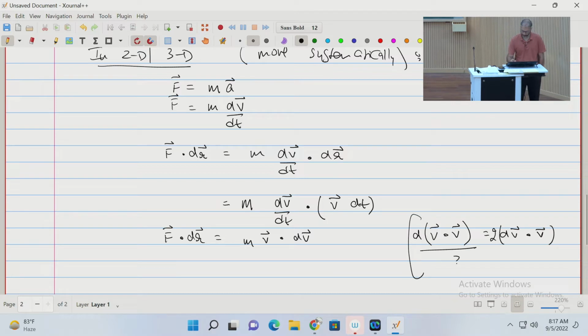So I can divide this by 2. So this allows me to do this. And v dot v is simply the square of this magnitude of v.